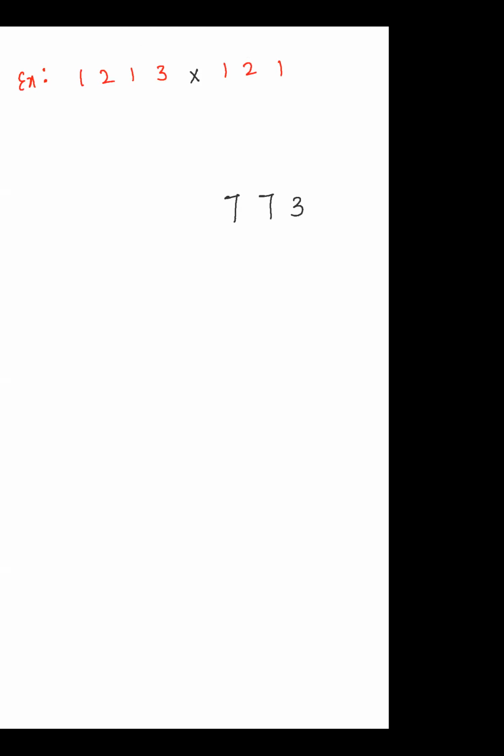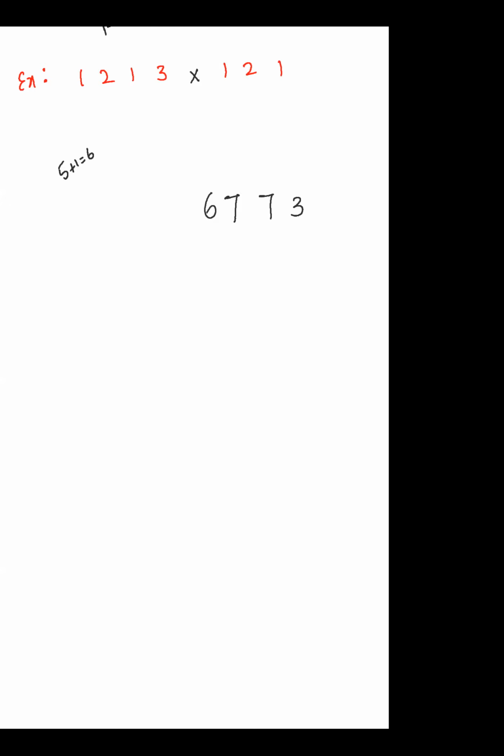Now 1 into 1, 1. 2 into 2, 4, that is total 5. And 1 into 1, that is 1, plus 1, that is 6. So I am getting 6 here. So observe carefully now.